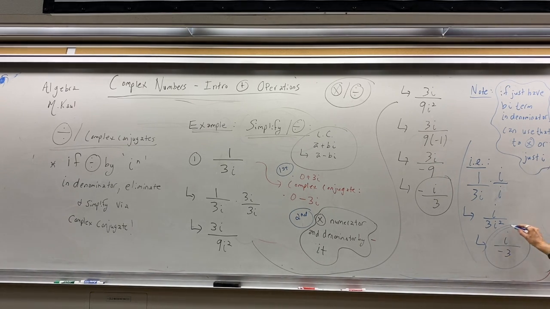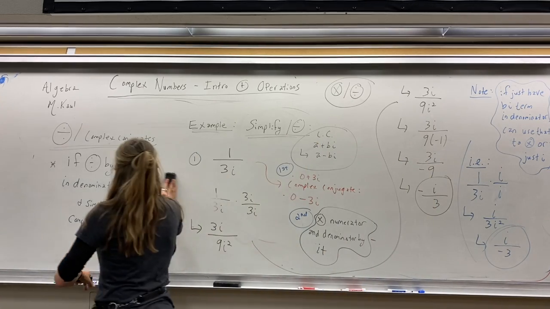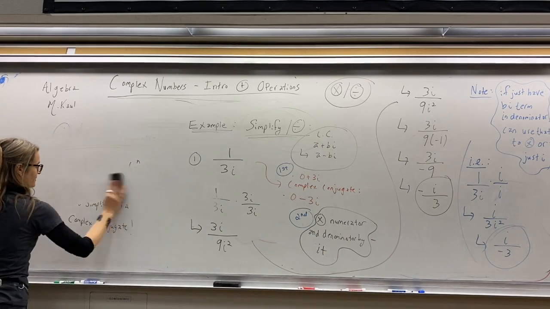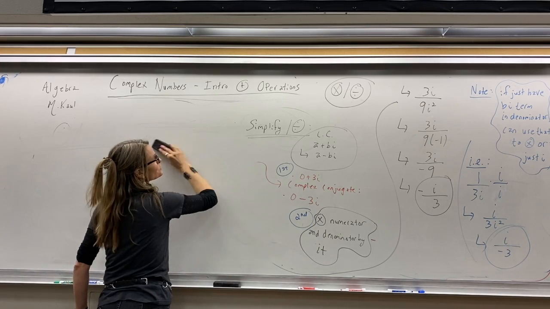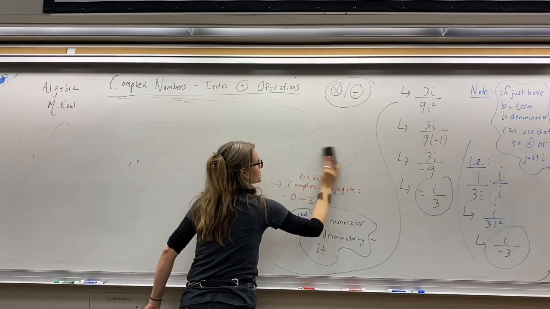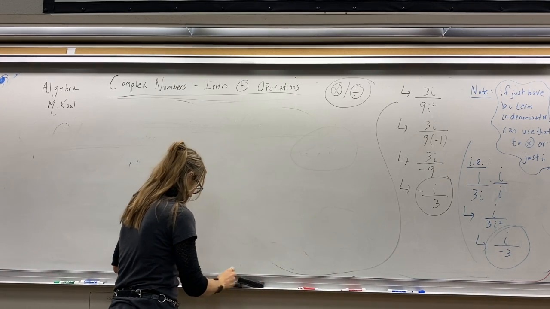It really eliminates a lot of steps, but if you're unsure, just remember that the complex conjugate always works. Okay, so a little trick there. There's a lot of little tricks. As long as you're using the rules of math correctly, it's okay to do. But if you're not, you're in trouble.